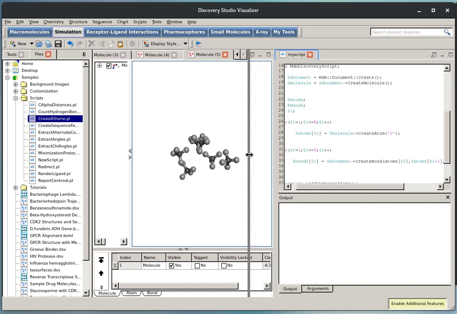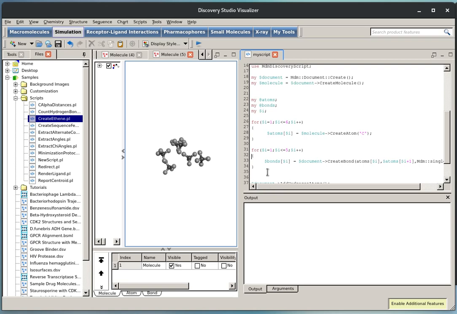When I is 2, we create a bond between atom 2 and atom 2 plus 1, which is atom 3, so it's between 2 and 3, and so on. And so when we get to bond 5, it creates a bond between atom 5 and 6.